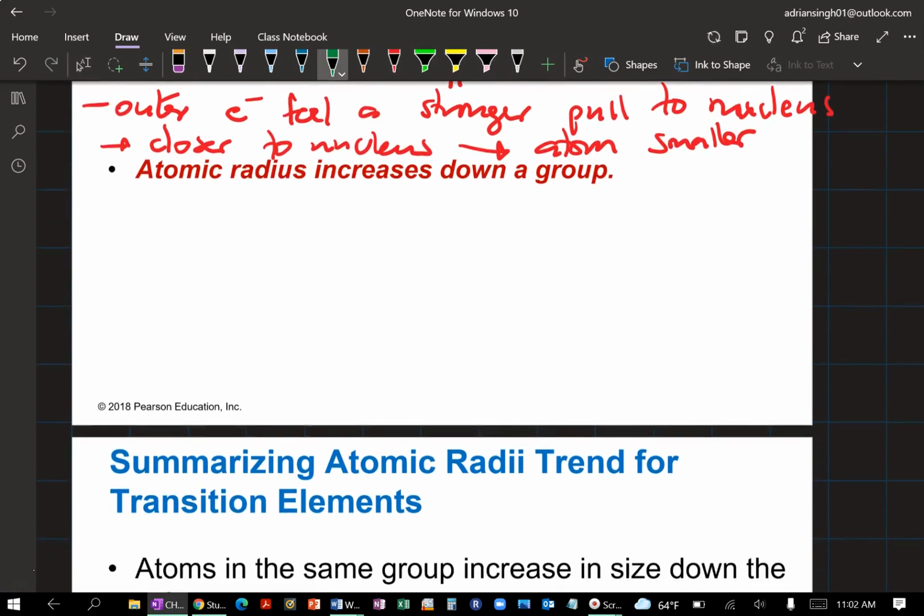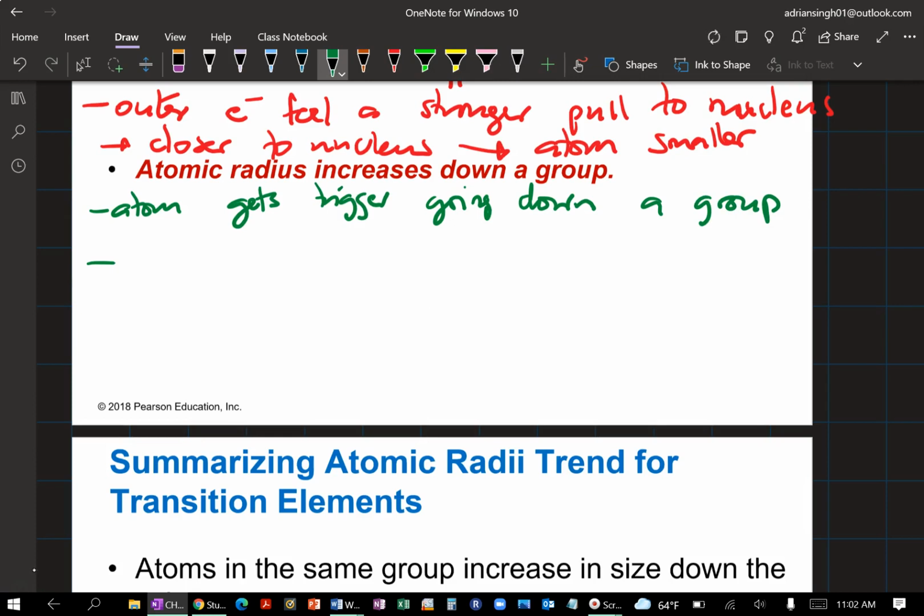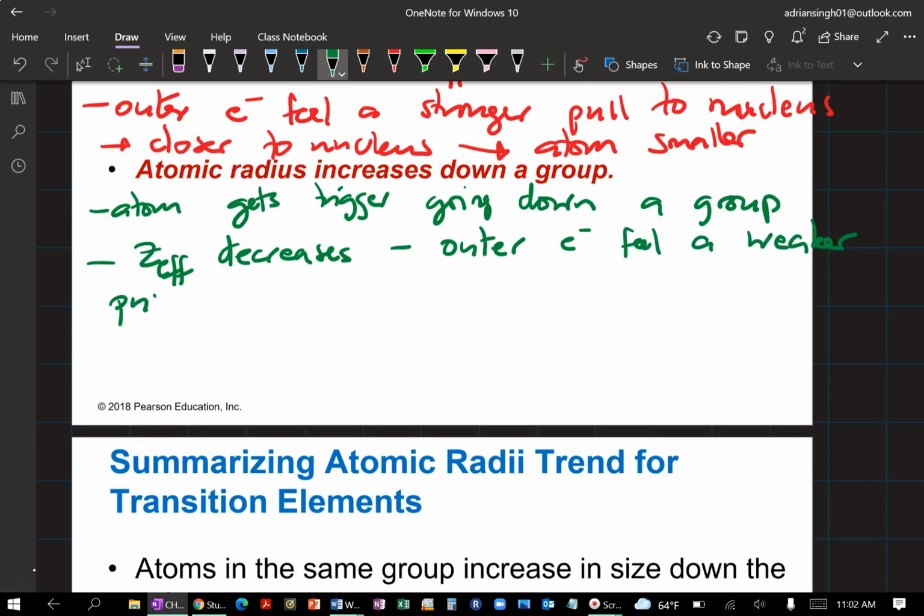As we go from top to bottom, going down a group, we see that the atom gets bigger. And what's the reason for that? Well, we can tie in the effective nuclear charge as well. As we go down a group, the Z effective decreases. So the outer electrons feel a weaker pull to the nucleus.